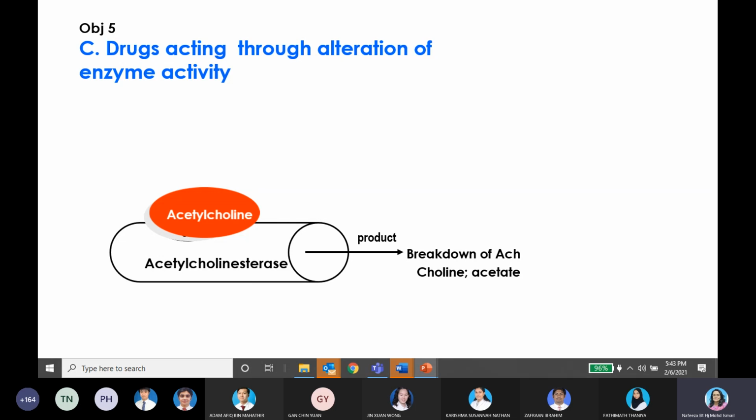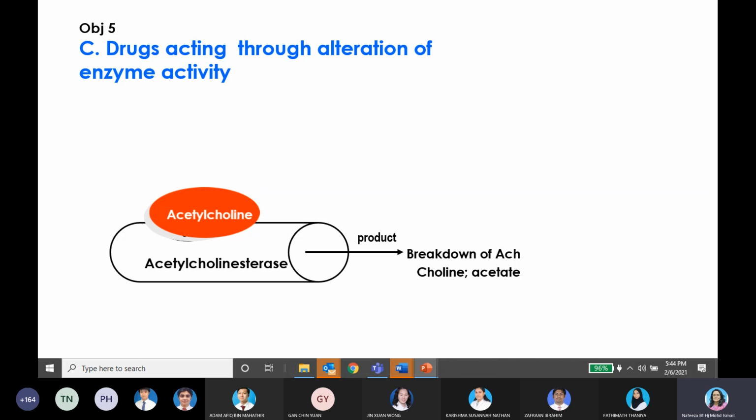So when acetylcholine binds to acetylcholinesterase, acetylcholinesterase will break it down, will metabolize it, will degrade it, whatever term you like to use. Acetylcholinesterase degrades acetylcholine. Acetylcholinesterase metabolizes acetylcholine. Acetylcholinesterase damages or destroys acetylcholine.